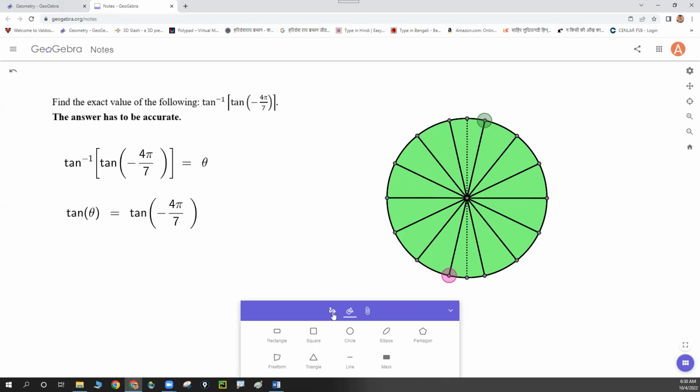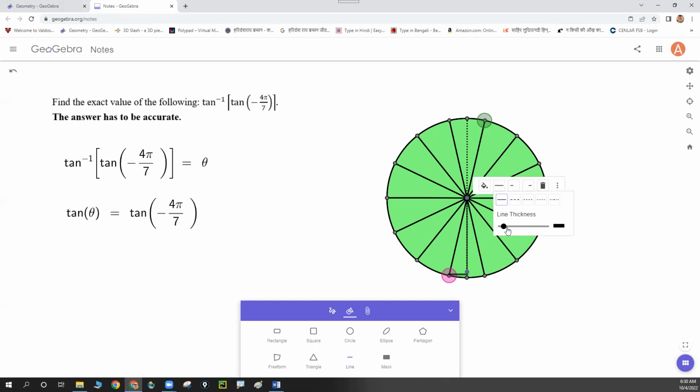Why? Take a look. I'll try to explain it to you as follows. Now, right here, the x coordinate of this pink point, I'm going to call this the pink point, is negative this much, whatever this may be. And the y coordinate of the pink point is this much.